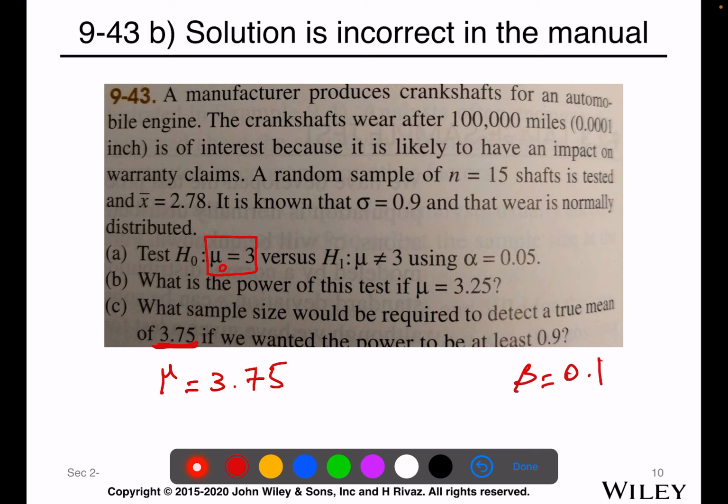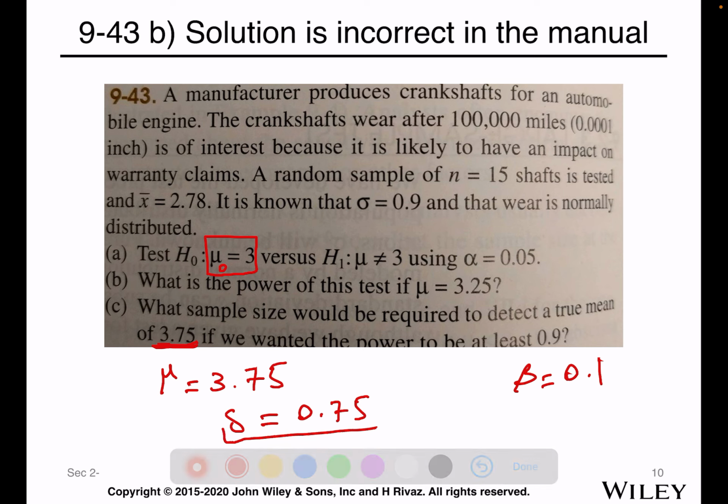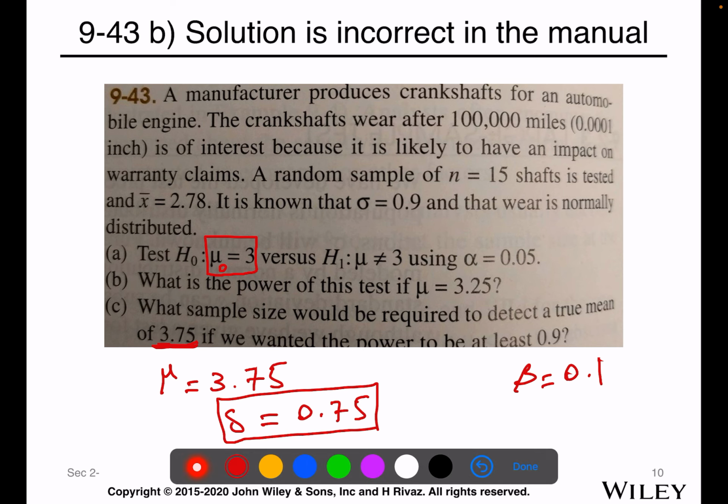So based on this, we calculate delta. Delta is the difference between these two, and delta is 0.75, right? Delta is the difference between the null hypothesis and the true mean. So delta is 0.75, beta is 0.1. Our goal is to find n.